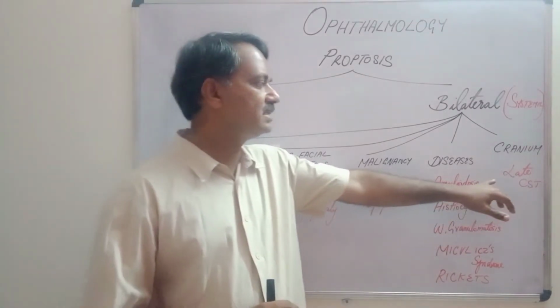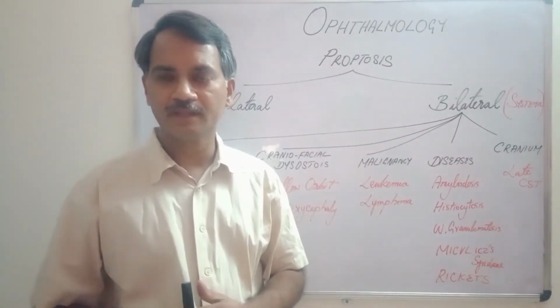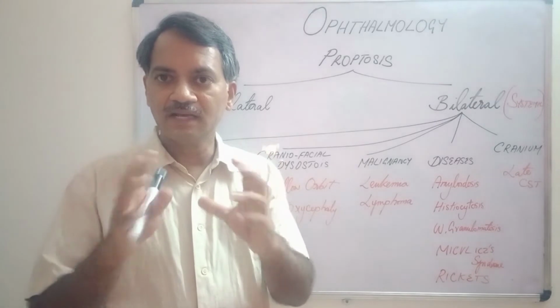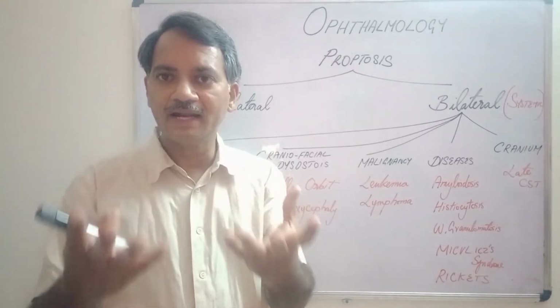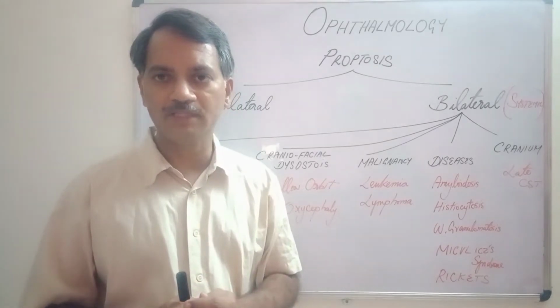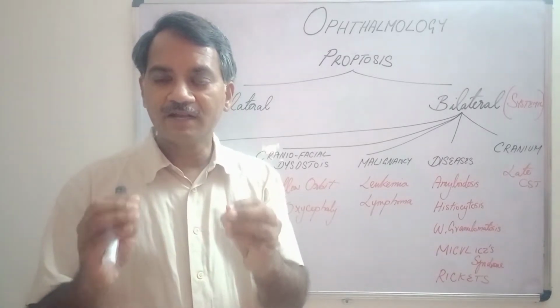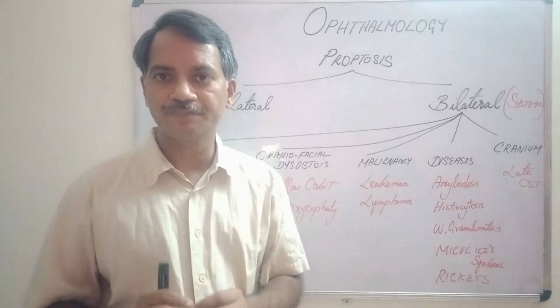Next is the disease of the skull. From the skull, some diseases may lead to bilateral proptosis. The most common thing is cavernous sinus thrombosis.